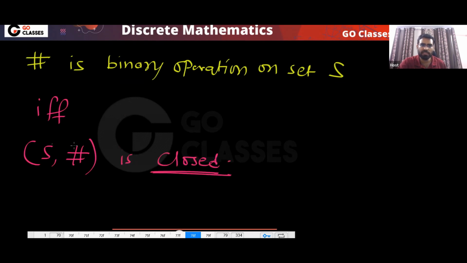If and only if this satisfies closure property, then we can say that this is a binary operation. So this is the difference.